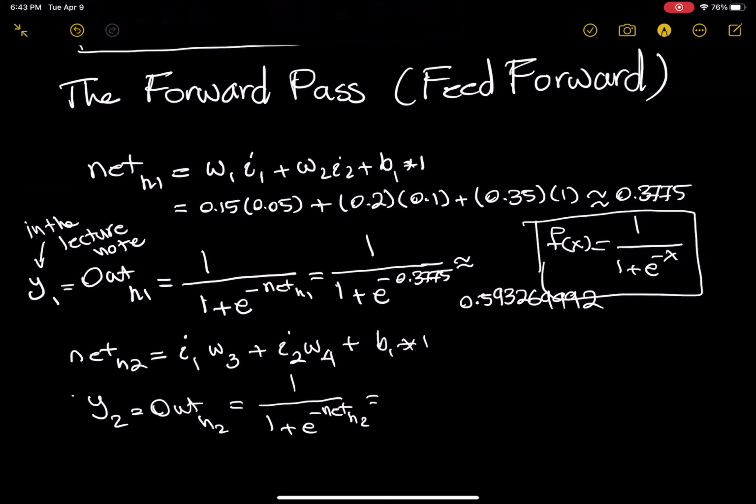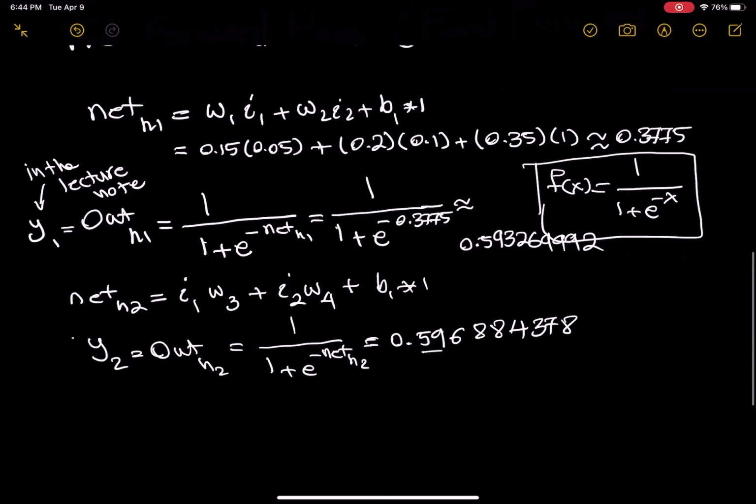That should give you, based on my calculation, a number like 0.596884. Again, you don't need that many digits. Maybe 2 digits is enough, honestly, and the calculator gives it to you. Good.